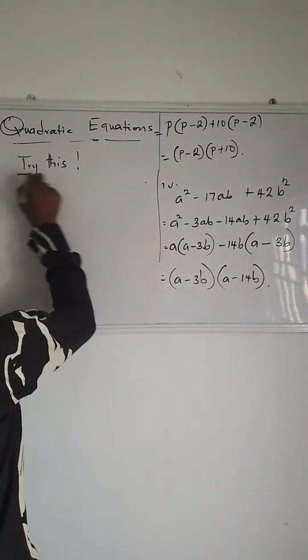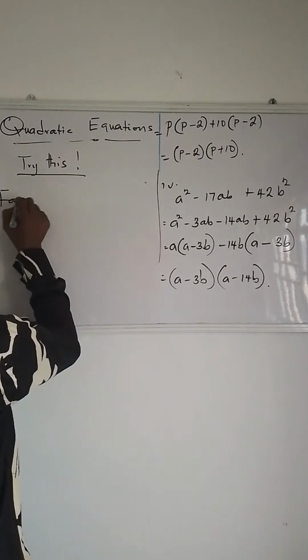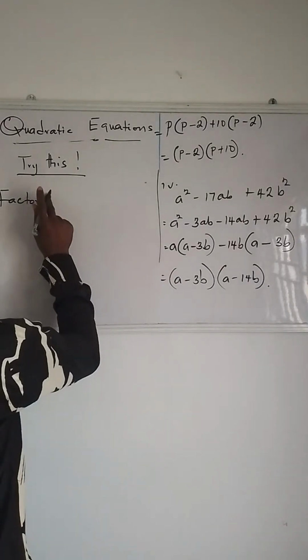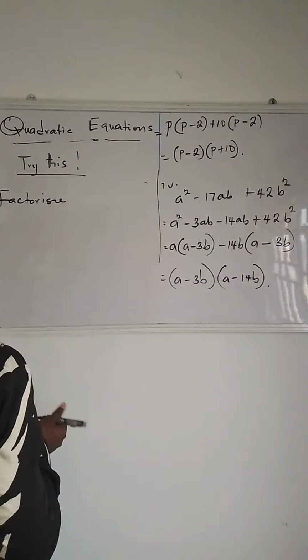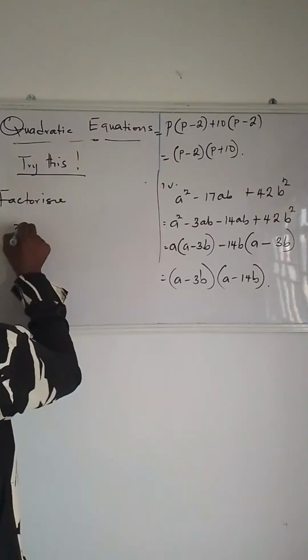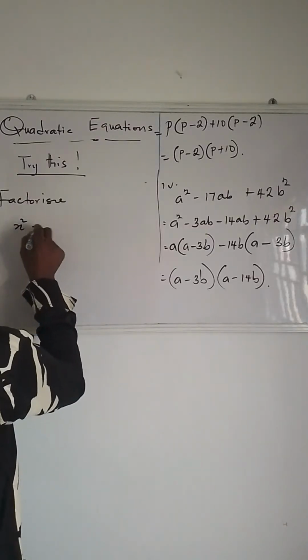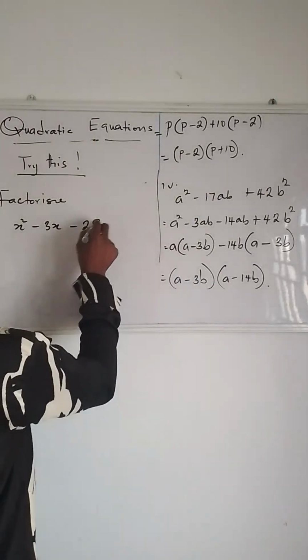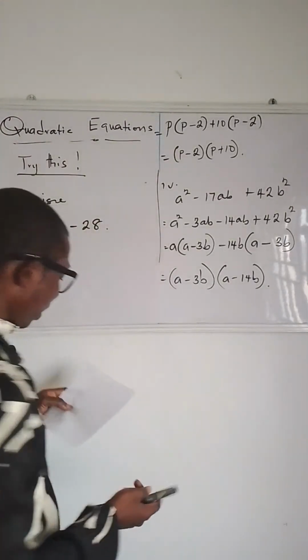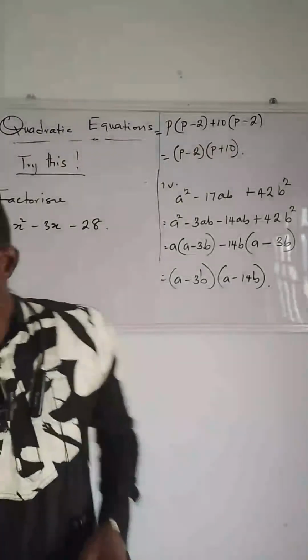Try this. Factorize x squared minus 3x minus 28. Okay, now let's quickly do this and let me have your answer in the comment section.